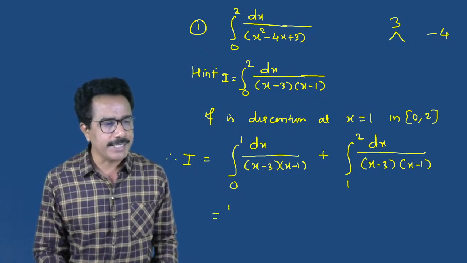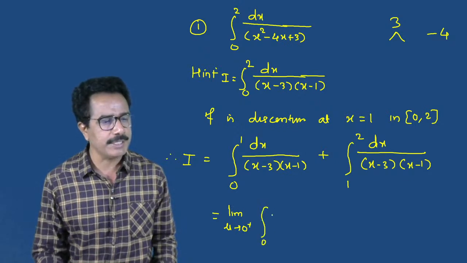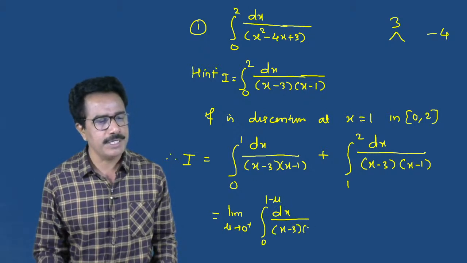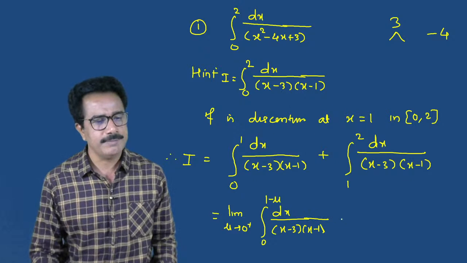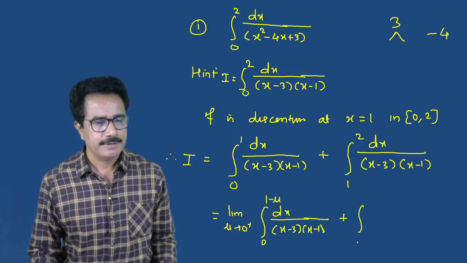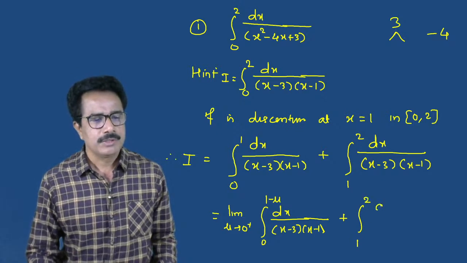Now take its limit. Limit mu tends to 0 positive integral from 0 to 1 minus mu dx divided by (x minus 3)(x minus 1) plus integral from 1 to 2 dx.